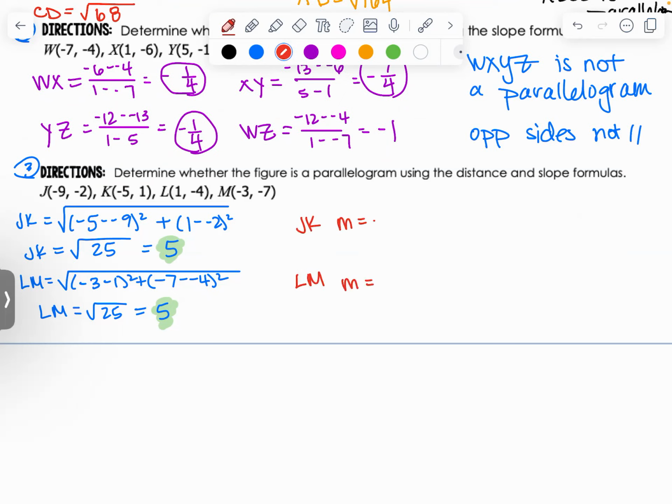For JK, we would need to take 1 minus -2 over -5 minus -9, which would get us -3/4, right? Nope, not negative. Definitely positive.